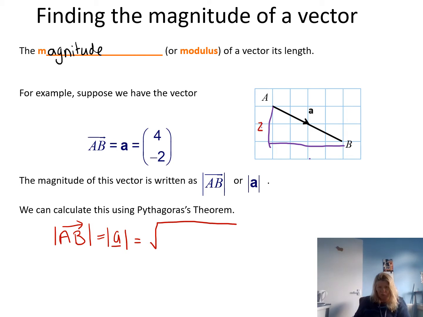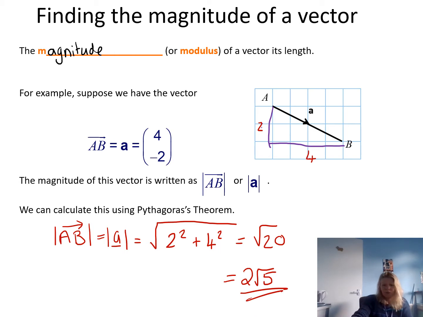That's right, 2, and that's 1, 2, 3, 4. It's going to be 2 squared plus 4 squared, and that comes out at root 20. Which, if you remember from your surds, or if you do it on your calculator, you'd have got 2 root 5. Super.